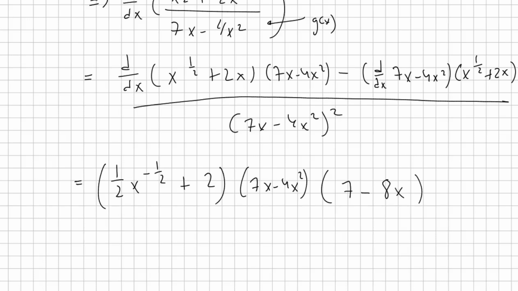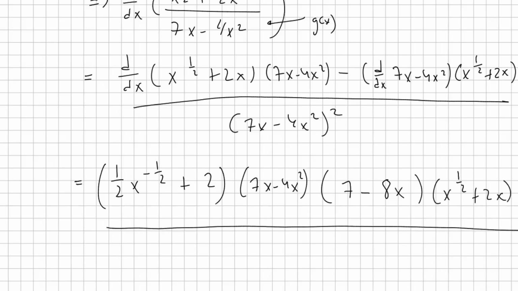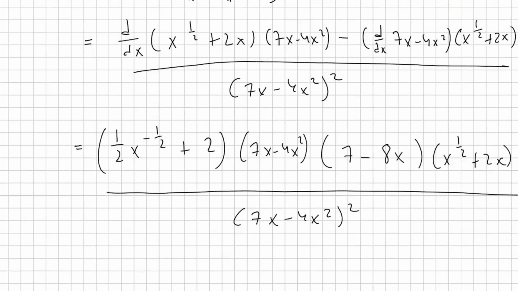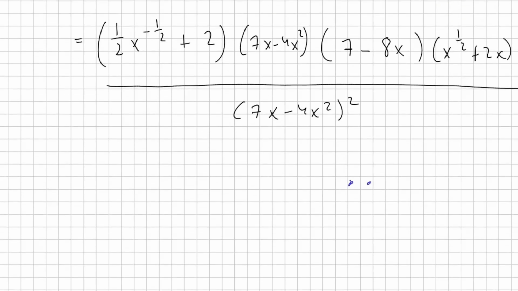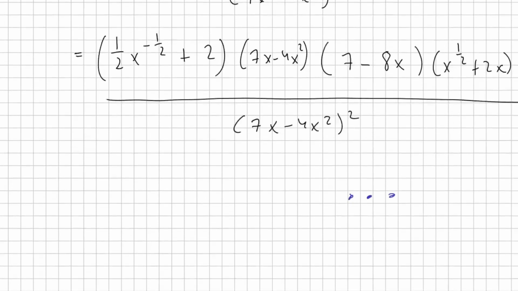And then we're going to have here, this stays the same, x to the half plus 2x, and it just gets divided by this, (7x minus 4x squared) squared. Alright, so I'm going to put dot dot dot. This can be continued and simplified further, but that's the main part of the derivative.